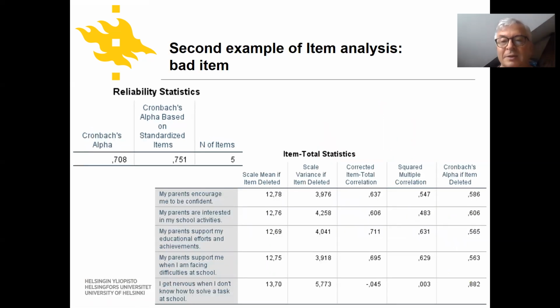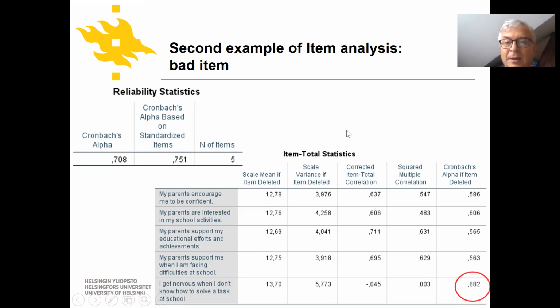Now then, we have a second example with a totally different situation. Here we'd have a fairly okay Cronbach's alpha still. I mean, that's not horrible at all. For group testing, that would be quite fine.